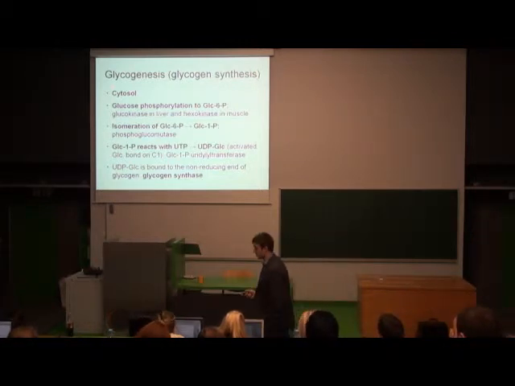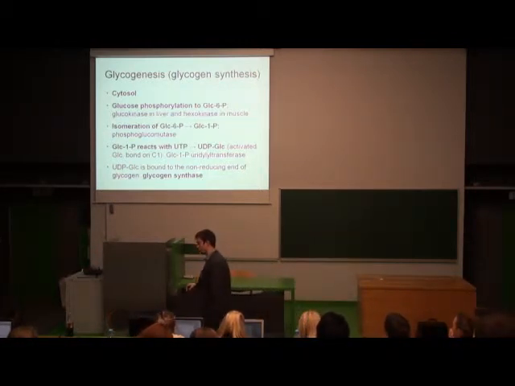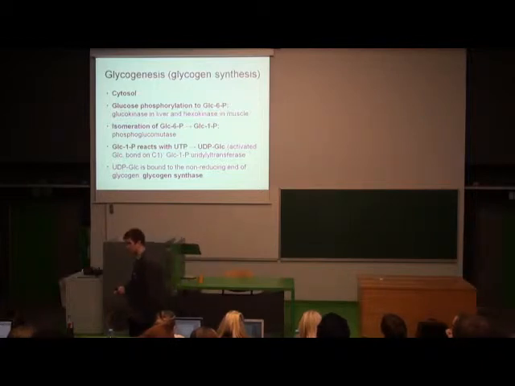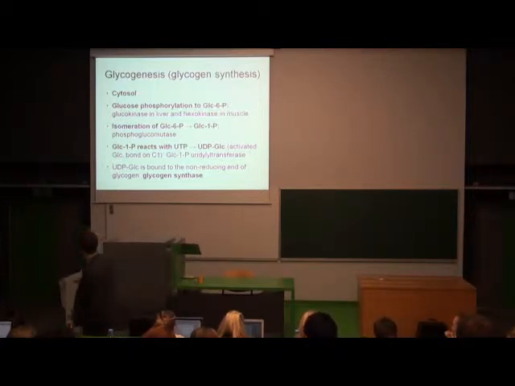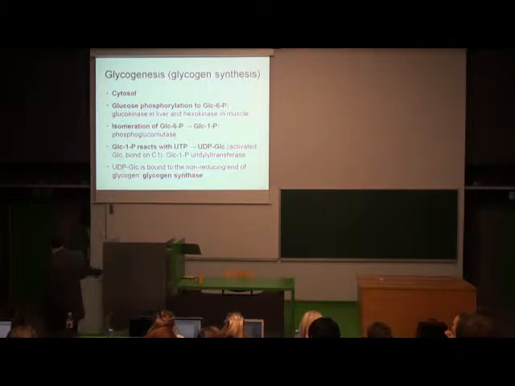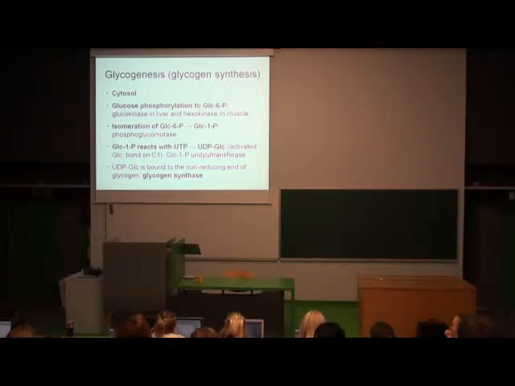The synthesis, glycogen is in cytosol, and therefore also the synthesis is in cytosol. The first reaction you already know. When the glucose enters the cell, it is phosphorylated by two isoenzymes.